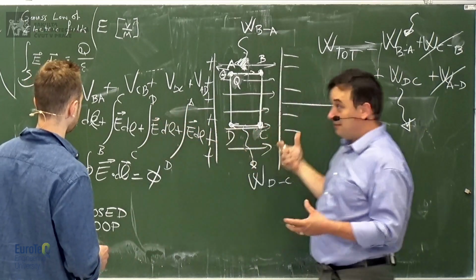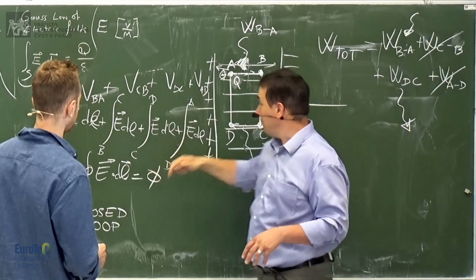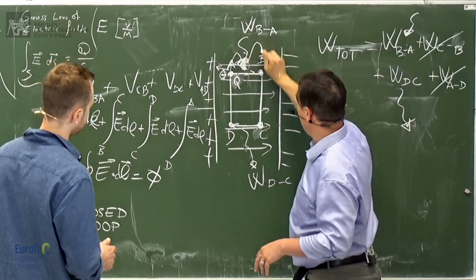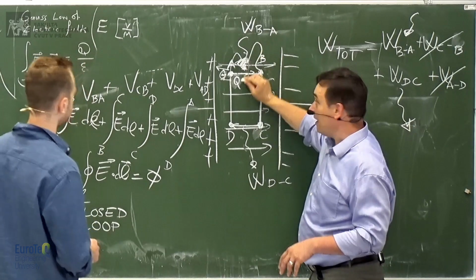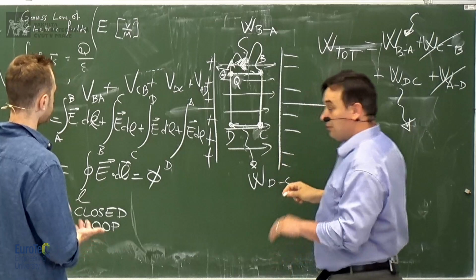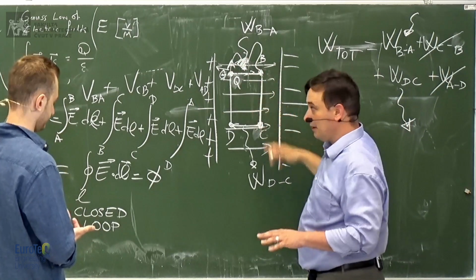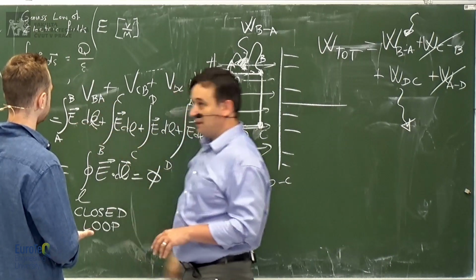In this case, it's conservative, so it doesn't matter which path. Like if instead of going straight, I go curved, still I have to put the same energy to go from here to here, no matter what. So again, it doesn't depend on the path. The voltage is the integral of E over a distance.